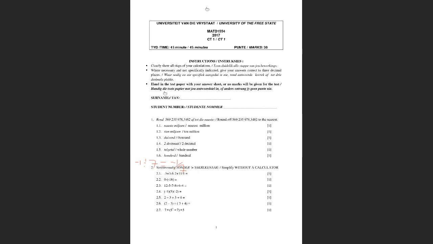BODMAS says that we do the one in the bracket first. And in the bracket, we still apply BODMAS. We do the exponent first. So we are going to have something like this: 7 times, in the bracket, we are going to get 25. 5 squared is 25.